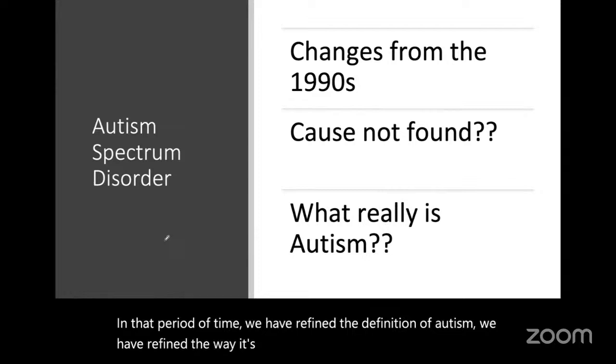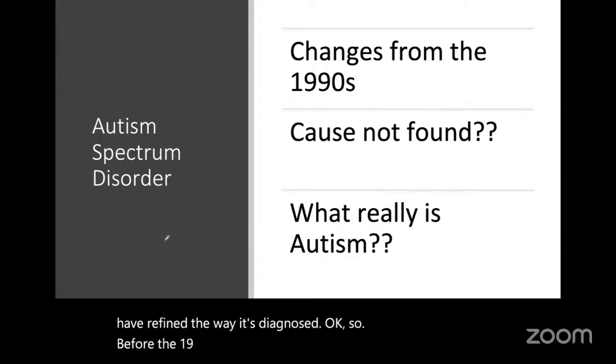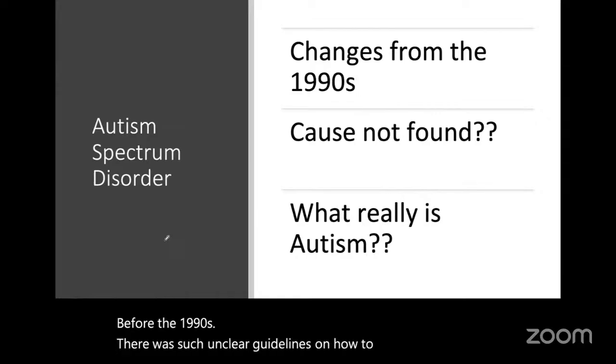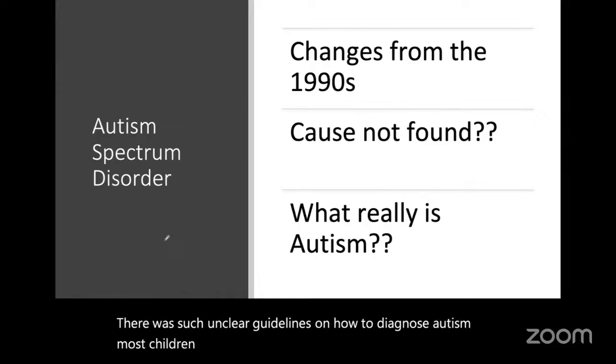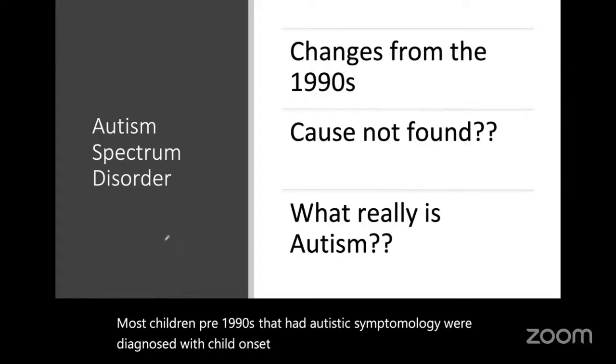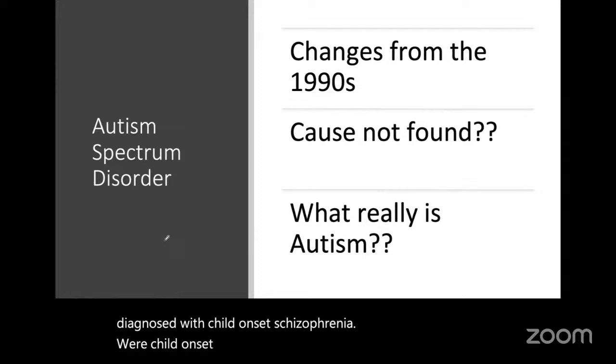So before the 1990s, there were such unclear guidelines on how to diagnose autism. Most children pre 1990s that had autistic symptomology were diagnosed with child onset schizophrenia or child onset psychosis.